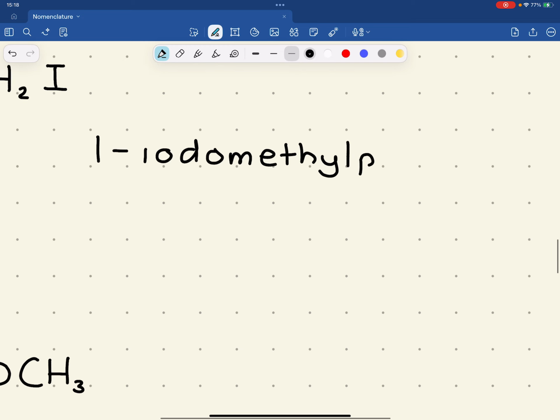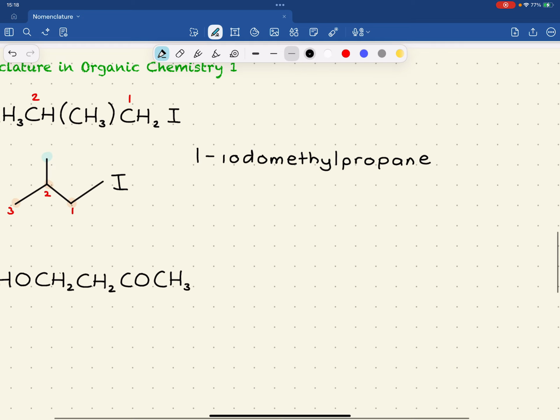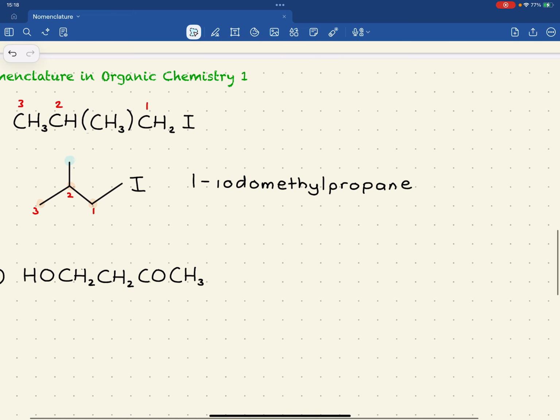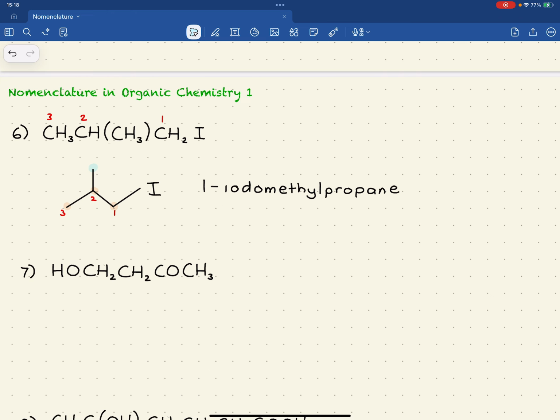So we don't need a number this time in front of the methyl because it can only be on carbon 2. It can't be on any other carbon. But the iodine, we need to say that it's on carbon 1. So 1-iodomethyl propane. Okay, looking at number 7, we've got a couple of functional groups involved here.